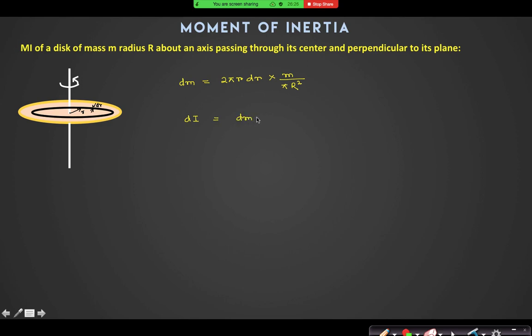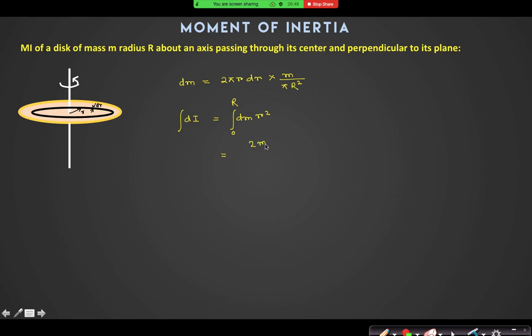So what is the moment of inertia of that small ring? It will be dm into r square. The moment of inertia of a ring is mr square; instead of m, I have put dm. Now I will integrate dm into r square from 0 to r. So dm is 2 pi m r dr by pi r square, and pi will get cancelled out.